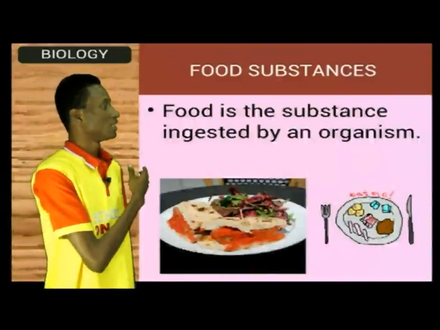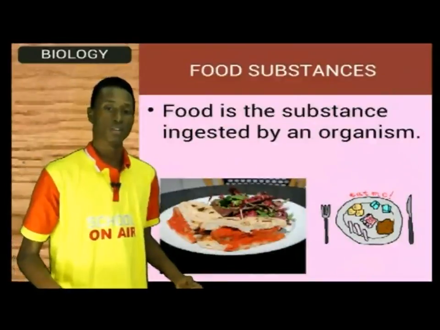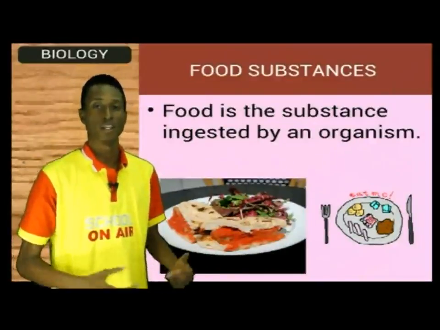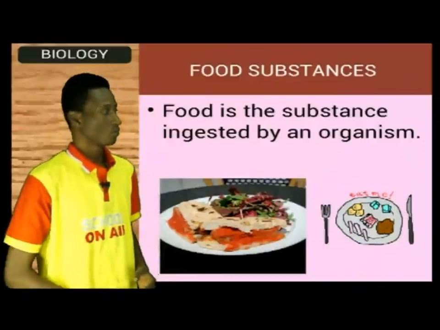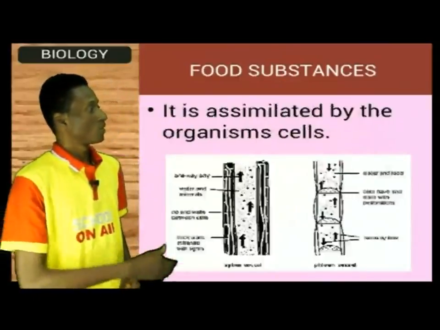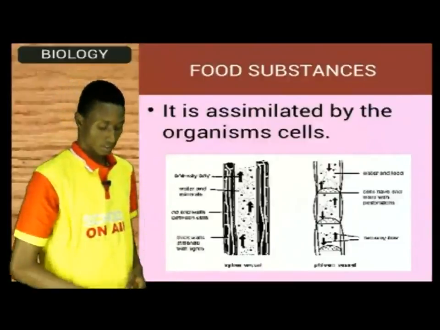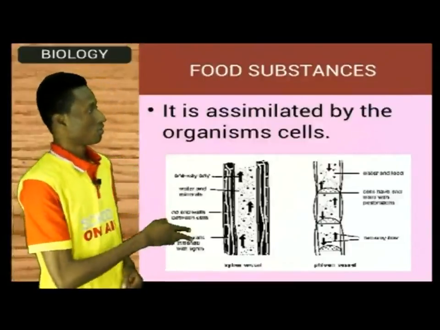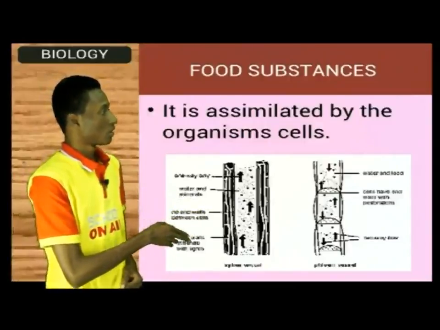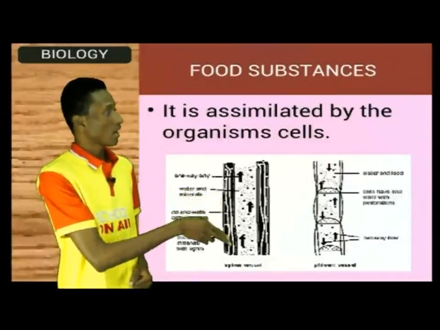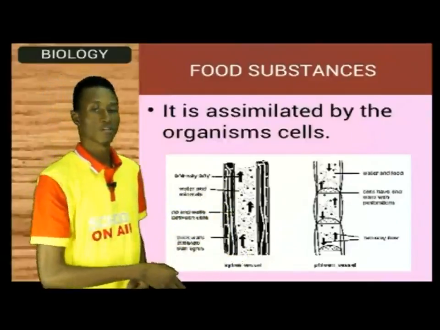Food is the substance ingested by an organism, be it animals, human beings, even microorganisms. All they ingest to break down and assimilate is called food. It is assimilated by the organism's cells. If you look at this diagram, our food and water and minerals are in this cell. And if you look at this plant cell, you can see the xylem vessel and the phloem vessel.